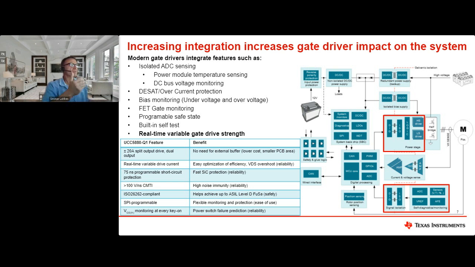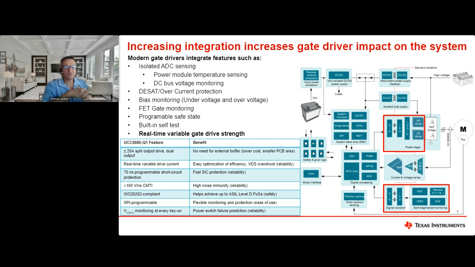On top of that, we offer a host of protection features such as DESAT and overcurrent protection. We also monitor our own bias supply voltages, both for undervoltage and overvoltage events. We monitor the FET gate for reliability.